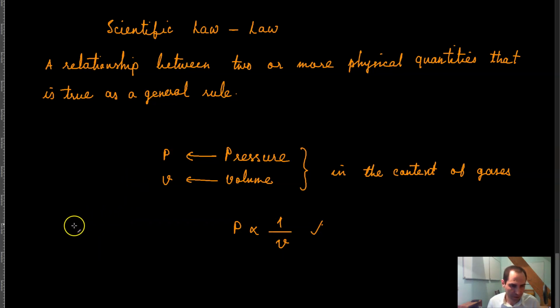For example, 8 is proportional to 4, but if I want to turn this into an equal sign, I have to write 8 over here and 4 over here, and then multiply one side of this equation by something, which happens to be a 2. So 4 times 2 is actually equal to 8.